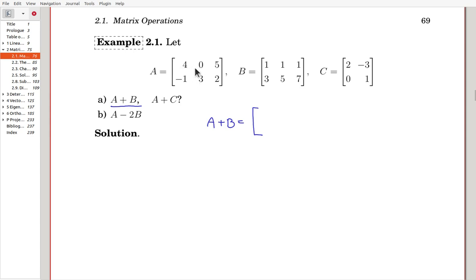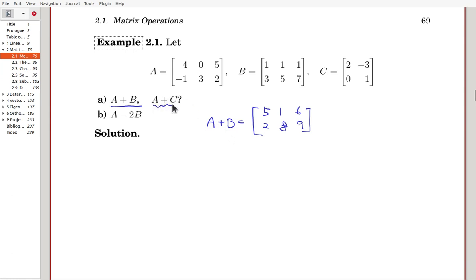First 4 and 1 is added for this position, so it's 5, and 0 plus 1 is 1, 5 plus 1 is 6. Now the second row, minus 1 plus 3 is 2, and 3 plus 5 is 8, and 2 plus 7 is 9. That is A plus B.